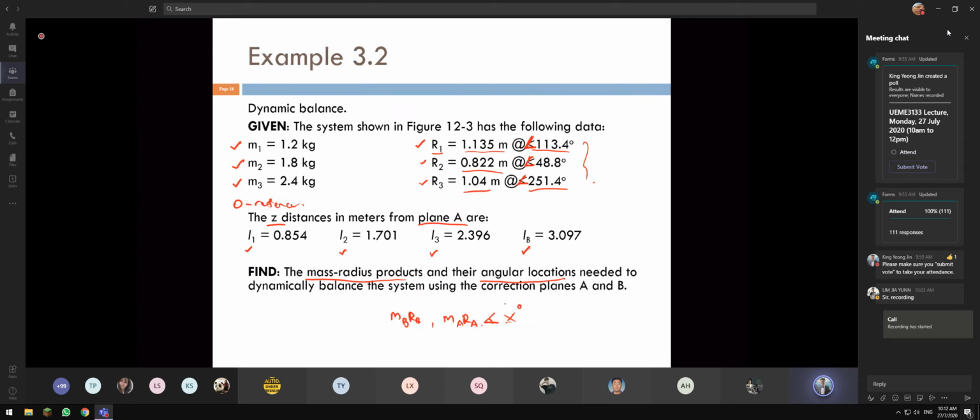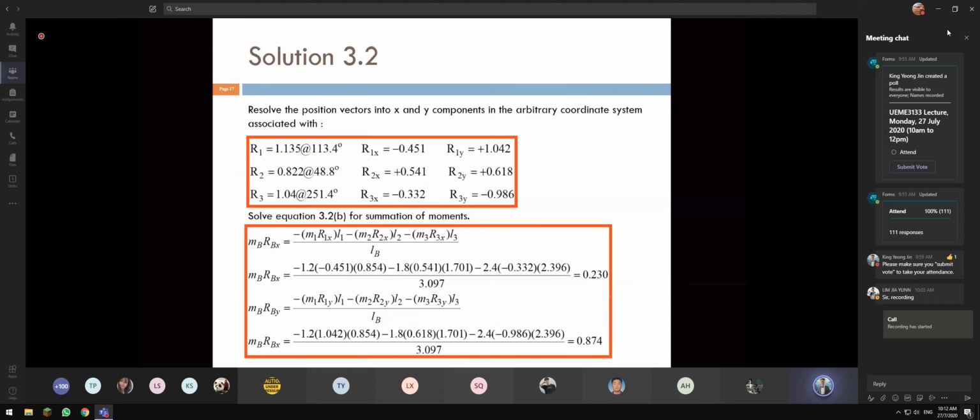So what is the angle? So that we can do this dynamic balancing and put the right amount and angle of the balance mass at plane A and plane B.